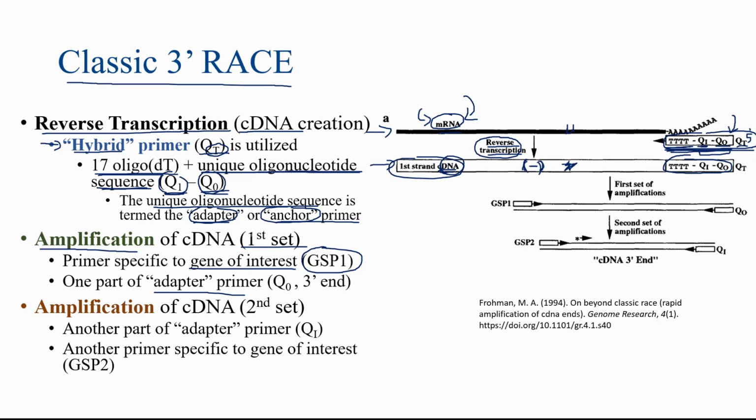Recall the adapter primer is the QI and the QO together, and that part of the adapter primer that we will use in the first set of amplification is the Q outer, or the QO.